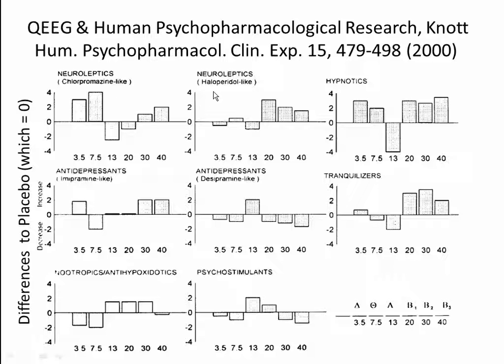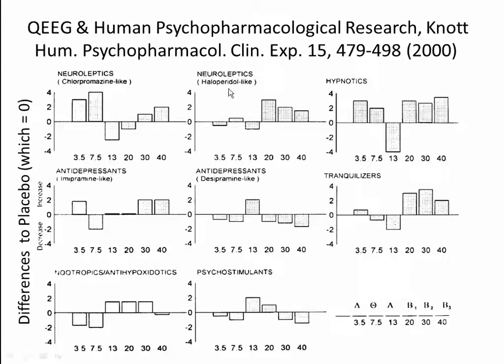Other neuroleptics, the haloperidol type of neuroleptics, are associated with a slight decrease in delta, slight increase in theta, slight decrease in alpha, a fairly strong increase in the beta frequencies, beta 1, 2, and 3.